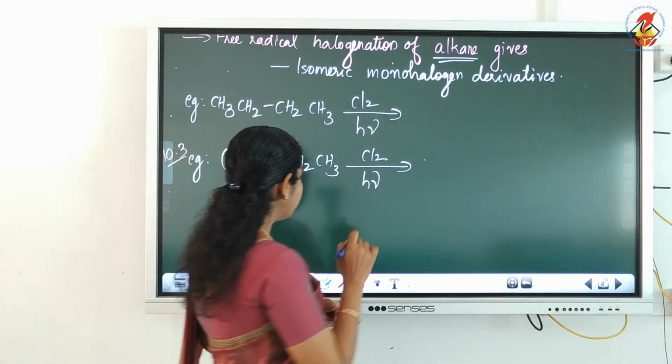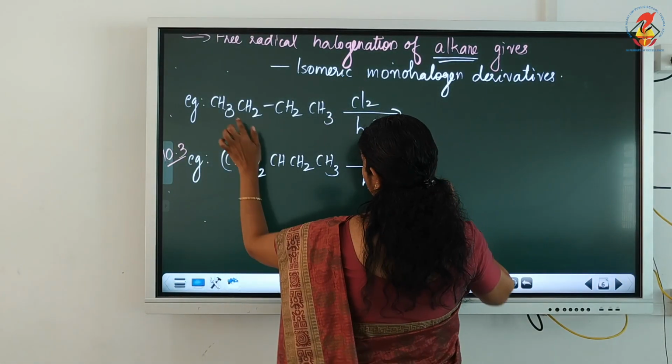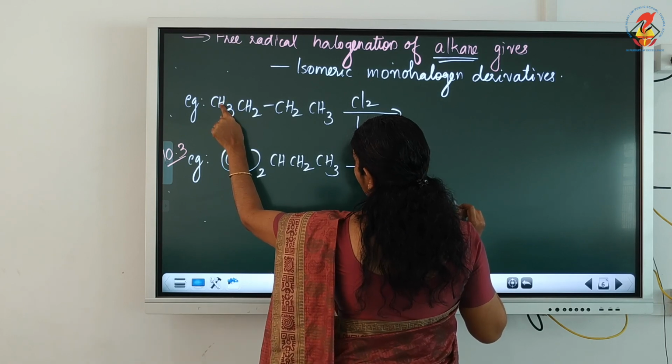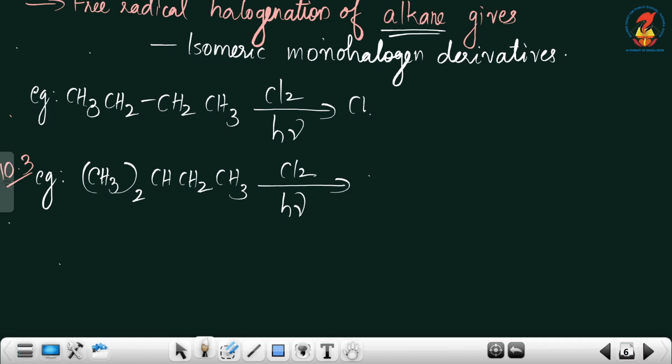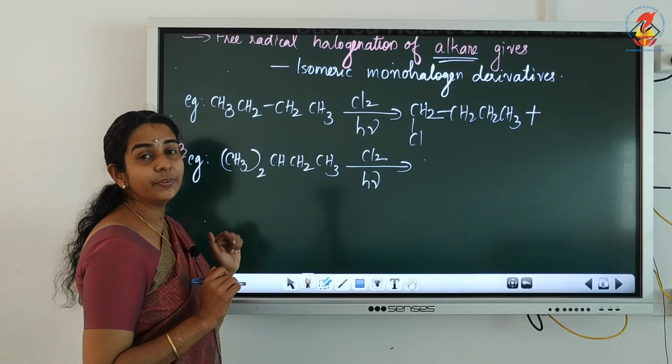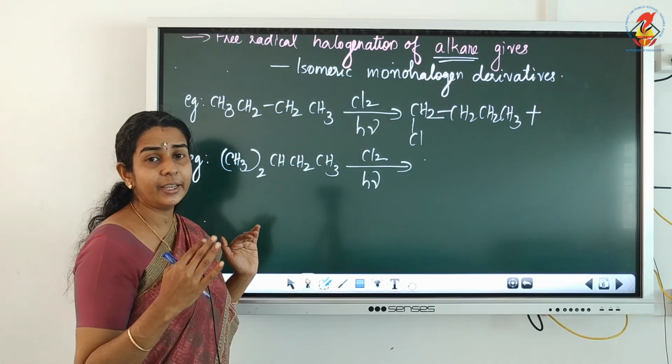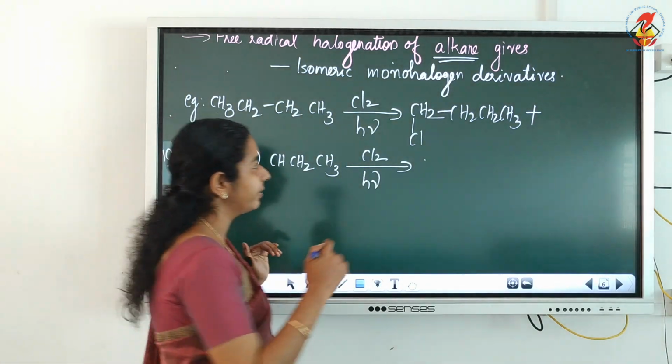The first possible product will be by replacing one hydrogen from CH3, so it becomes CH2Cl-CH2-CH2-CH3. The second possibility is replacing one hydrogen from the second type of hydrogen, that is CH2 hydrogen.